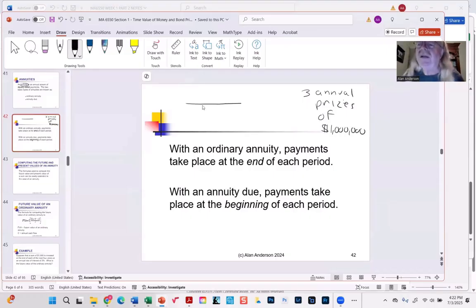All right, so that's the prize. It's $3 million paid out over 3 years. And if that's the case, there's two different ways that can be done.